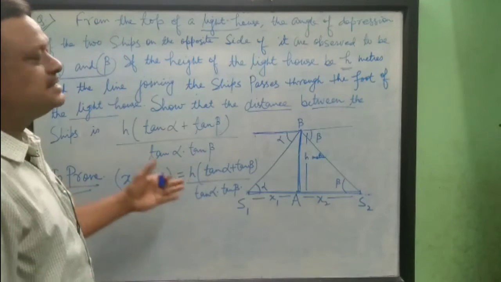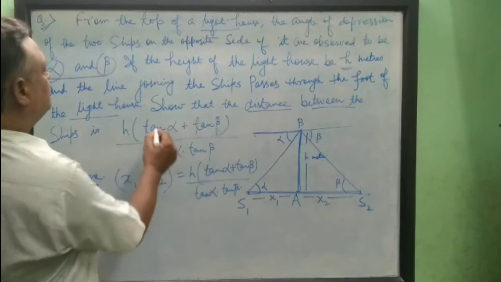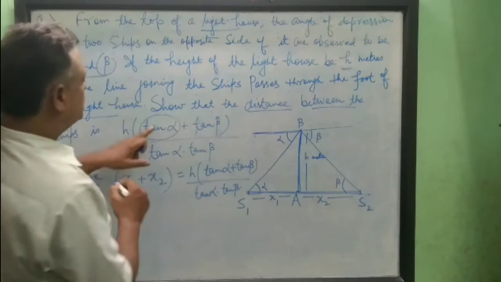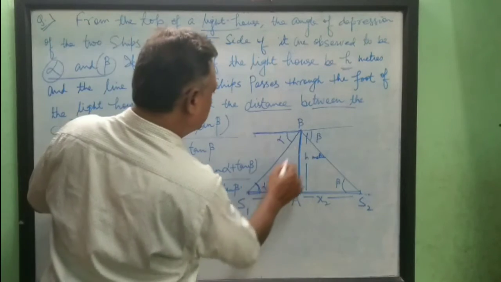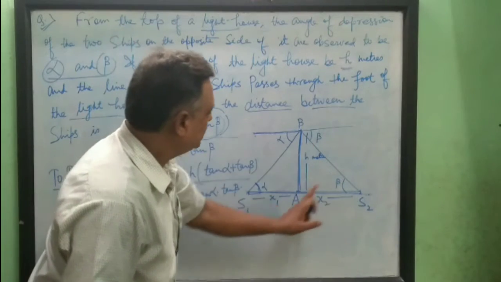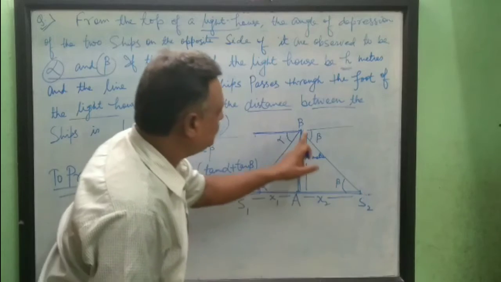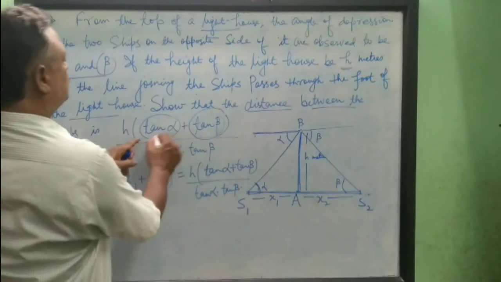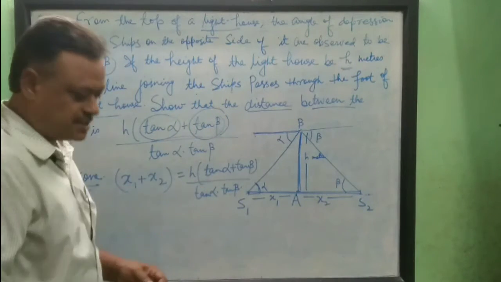So children, everything is given in the question itself. We have to take the ratio tan alpha in this triangle. We have to take the ratio tan beta in this triangle, in triangle AS2B, and we have to add it. So very simple question it is.